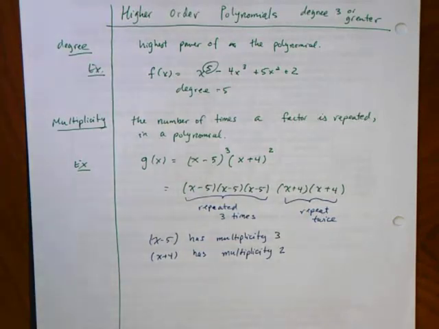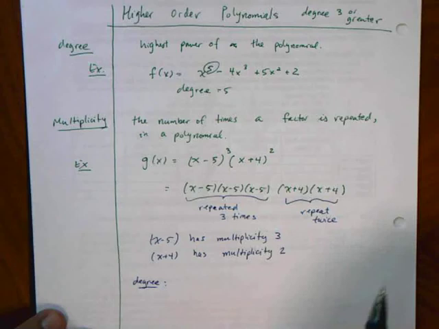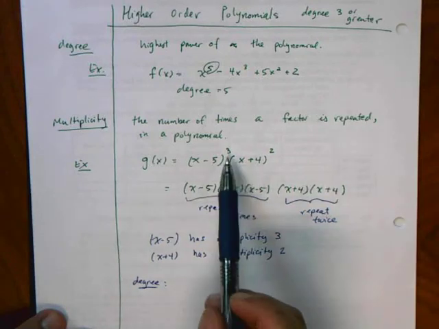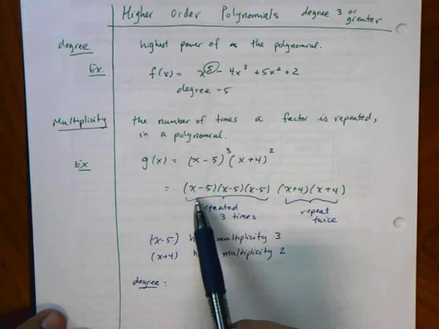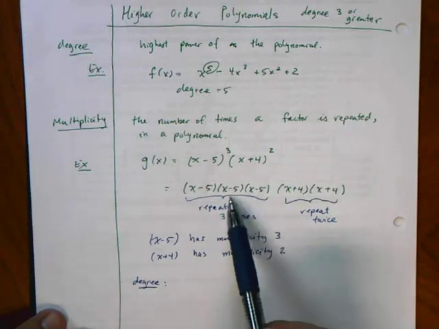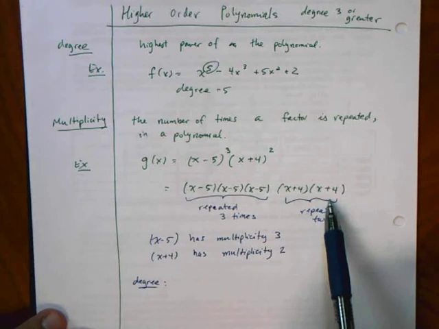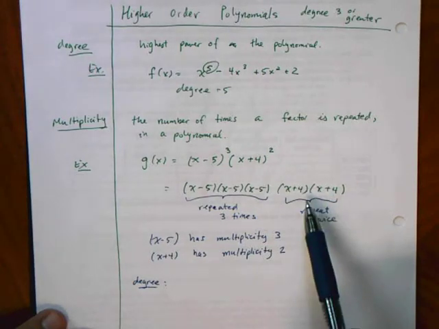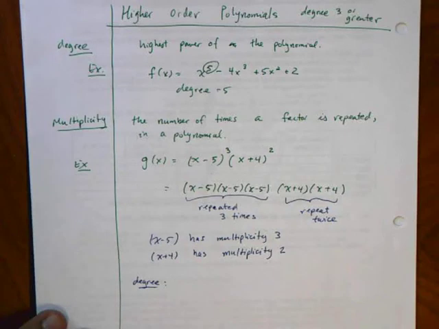Oh, and I do want to take this a step further, and let's see, what would be the degree of this polynomial here, g of x? Well, if you were to multiply this out, you're going to get x to the third somewhere in here, and then you're going to multiply this out, and you're going to get x squared somewhere in there. And you're going to multiply the two of them together, and you're probably going to get x to the fifth.